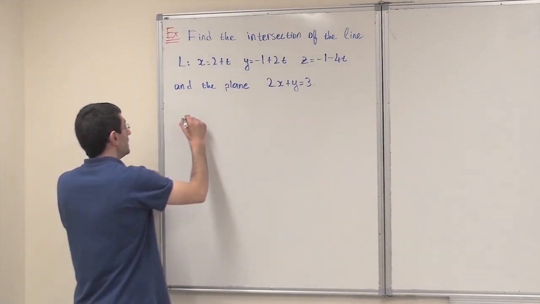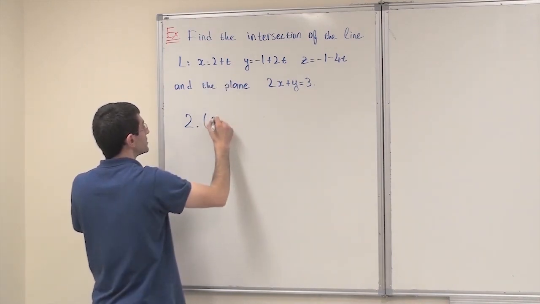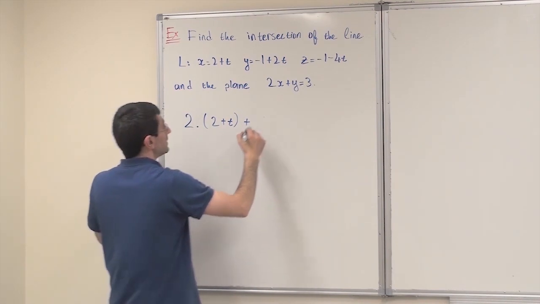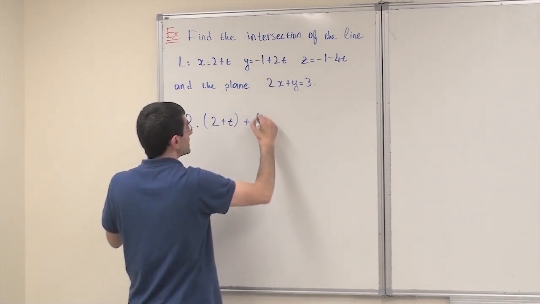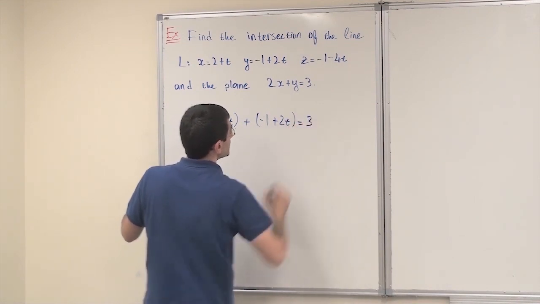So, we have 2 times x, which is 2 plus t, and plus y, which is negative 1 plus 2t, and that's equal to 3.